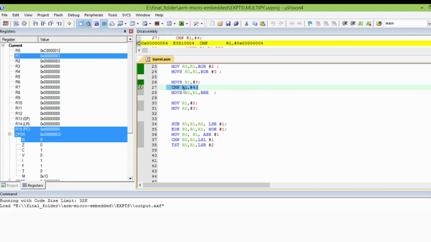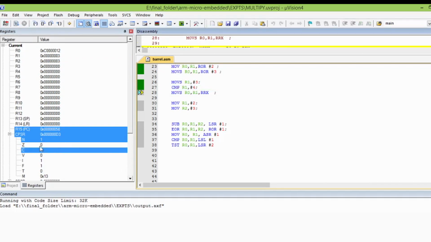We know R1 is 3, and when compared with 4, internally subtraction happens, which requires a borrow. So carry, because of this instruction, will be set to 0. That is the reason we simply took a compare instruction here, because we wanted to modify the carry and conditional flags, so that we have the same example as in the theory.